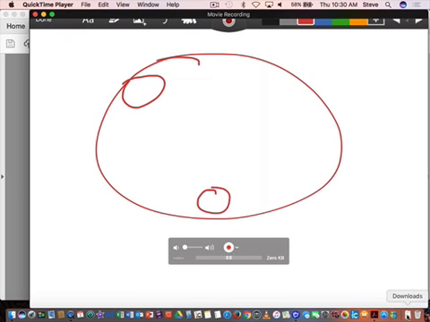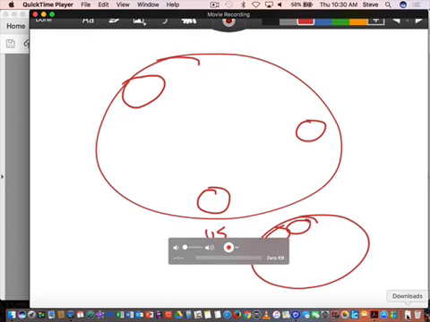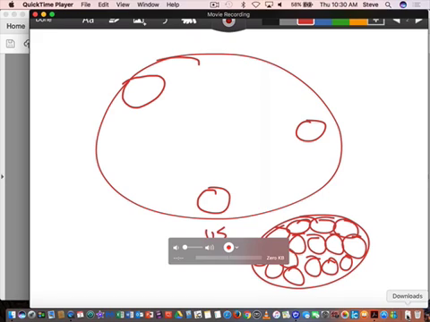Do you think it looks like this? Or do you think it looks like this? Which one? Top one? Nope, the bottom one.